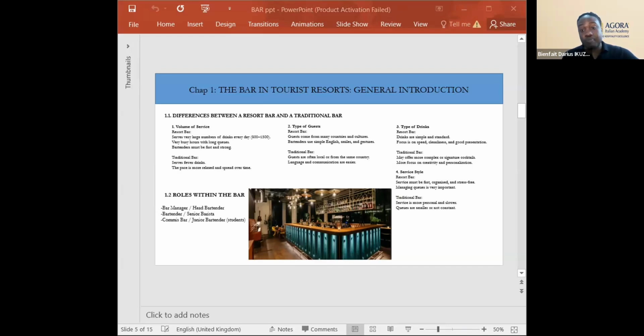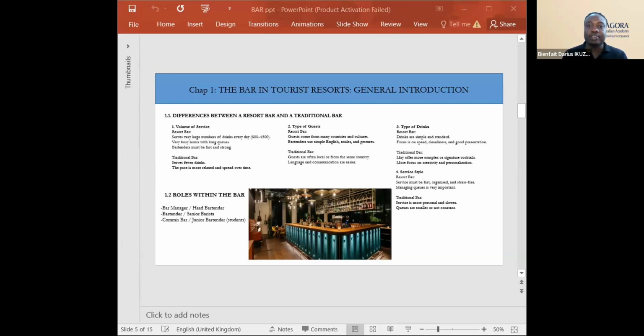We have three main types of roles: the bar manager, who is called the head bartender, the bartender or the senior barista, and then the commis bar or junior bartenders. So as students, we stay mostly in the junior bartender field, but as experience goes on, you level up your role.